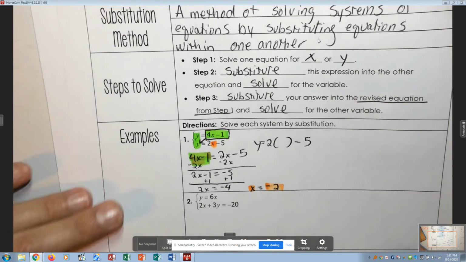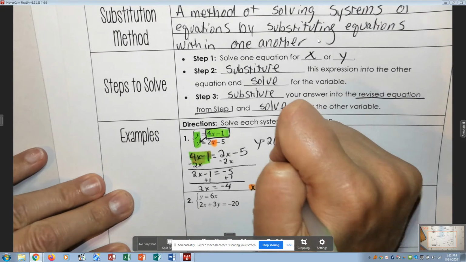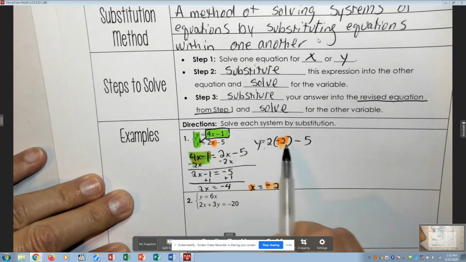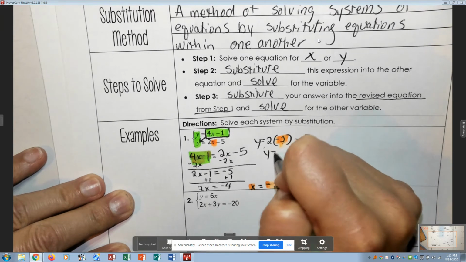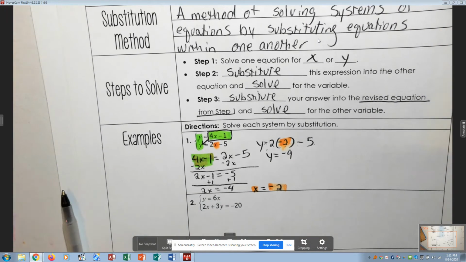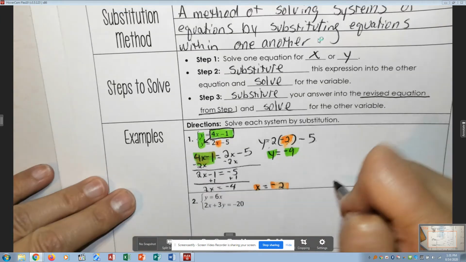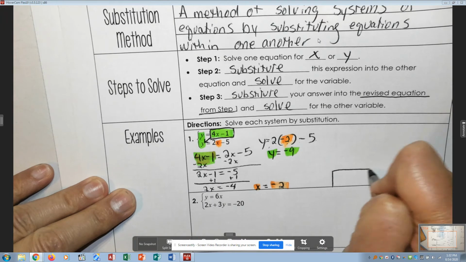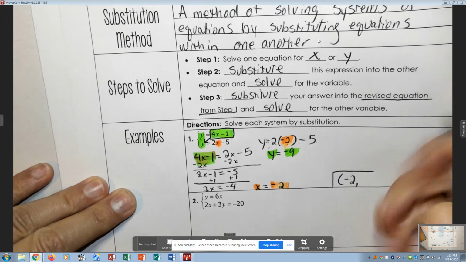So let's plug in this negative 2 right there. And then you just do the math. 2 times negative 2 is negative 4. Negative 4 minus 5 is negative 9. So what does this mean? Well, what this means is my x-coordinate, if I were to write the answer, is negative 2. My y-coordinate is negative 9.